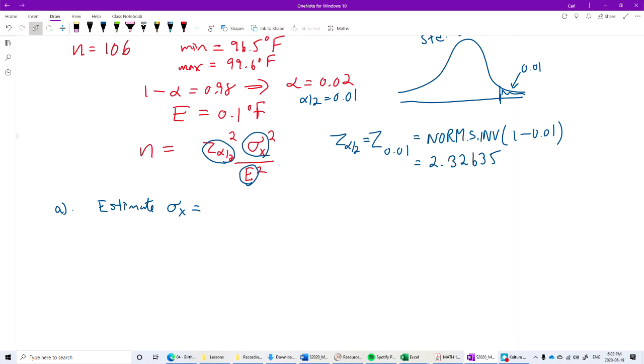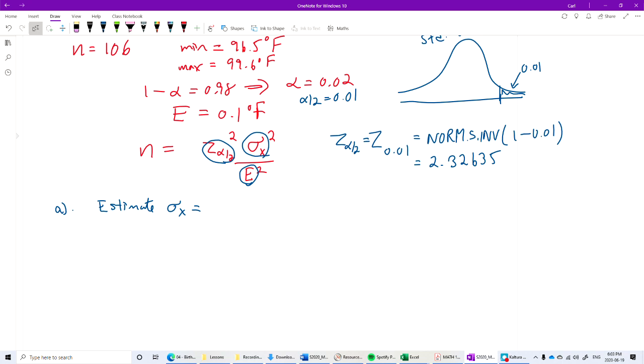Think of it like this. We know that for normally distributed data, most, 95% of the data, are within 2 standard deviations. So it's not that far off to say that all of the data is within 2 standard deviations.